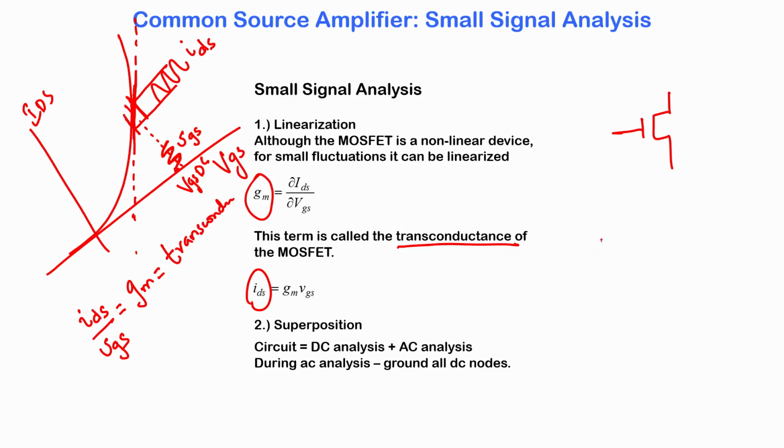So, if somebody gave us the input node fluctuation at the gate of a MOSFET and asked us to identify the small signal current in the MOSFET, the answer is simply GM times the input node fluctuation. Okay. So, that is a useful term.